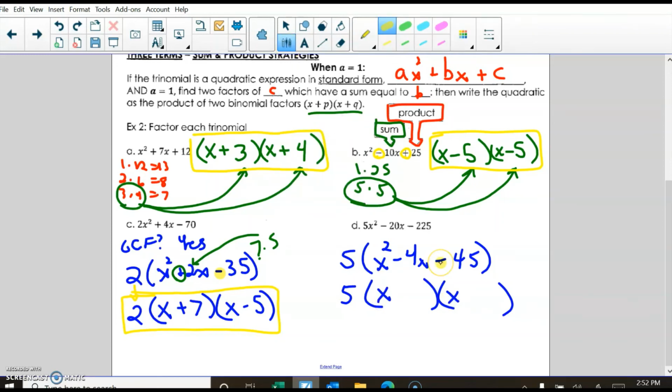The second sign is negative, which tells you the signs are different. So what multiplies to give you 45? 9 times 5 gives you 45 and has a difference of 4. The larger number carries the sign. The sign here is subtract. So the 9 is the larger number. And there's your factorization of D.